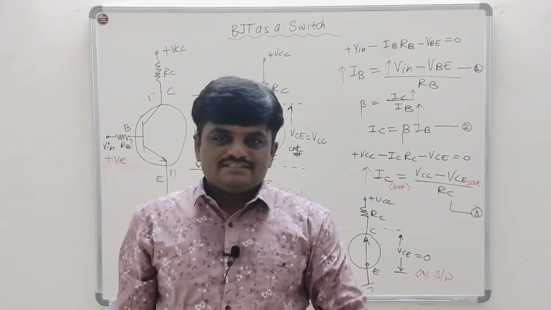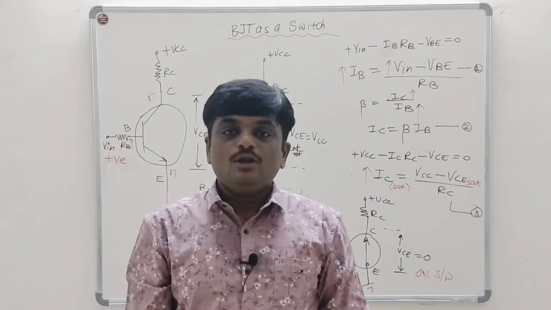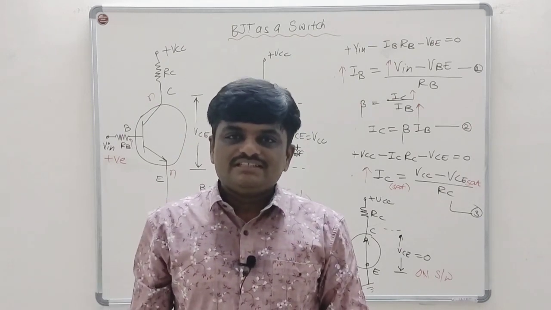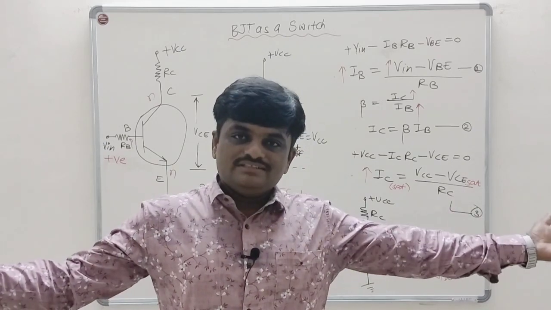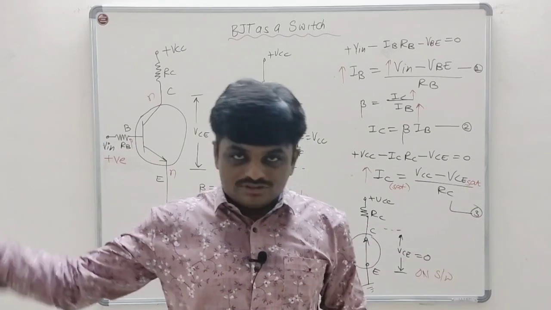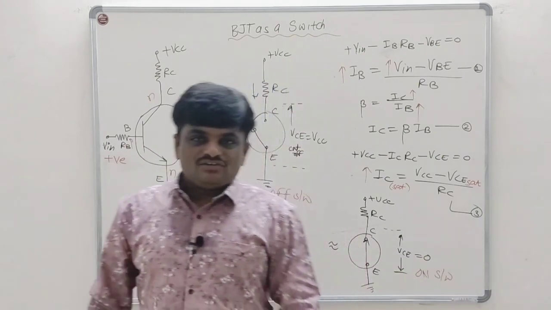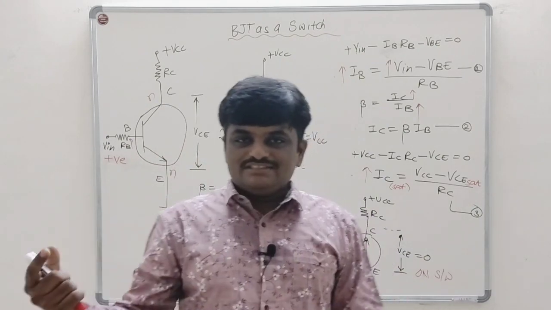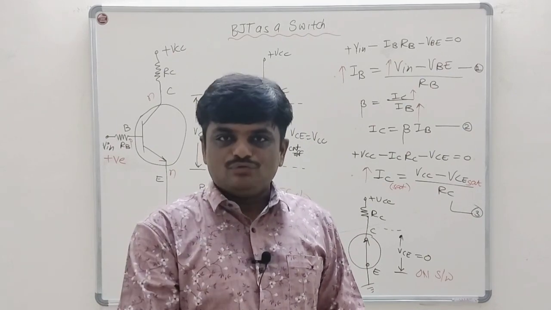If you carefully see this circuit, the same circuit is acting as a logic inverter. What is logic inverter? If you give logic 0 input, the output is logic 1. And if you give logic 1 input, output is logic 0. So in digital electronics, we have only two logic levels. Logic 0 means 0 volt, and logic 1 is say plus 5 volt.